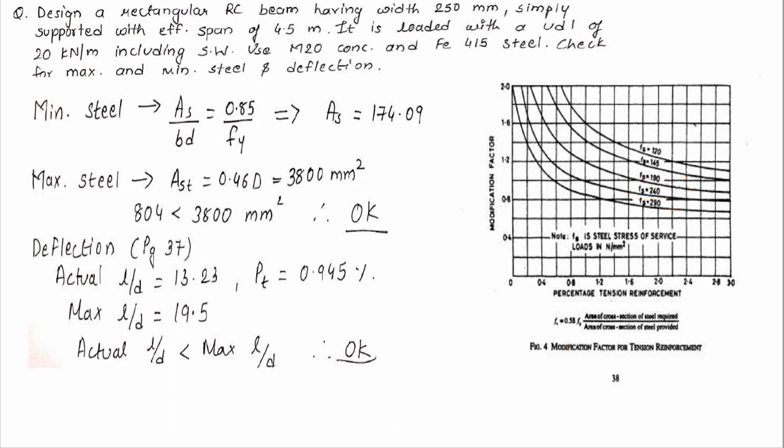So PT is 0.945, and this is 1, so it is somewhat to the left of 1, that is 0.945, and we will be stretching this up to the 240 curve. So it comes out somewhere here, and if we take this value it falls just below 1.